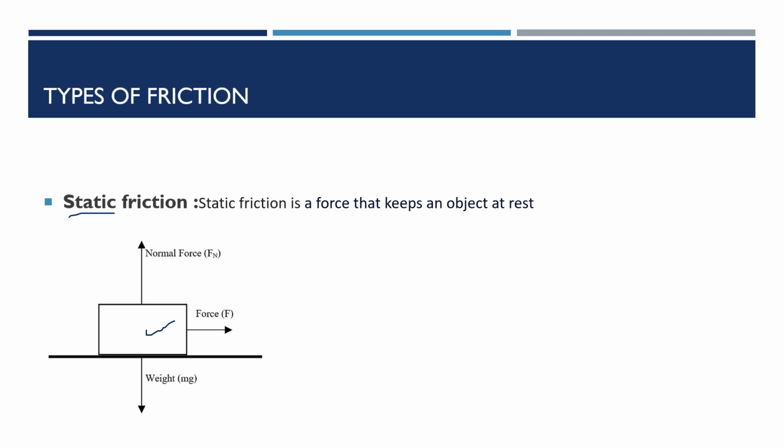Now, there are three forces acting upon it. The force which is applied to move it forward, and the normal reaction, which is the reaction of the weight, that is mg, caused by gravity. Now these three forces are acting upon a body.